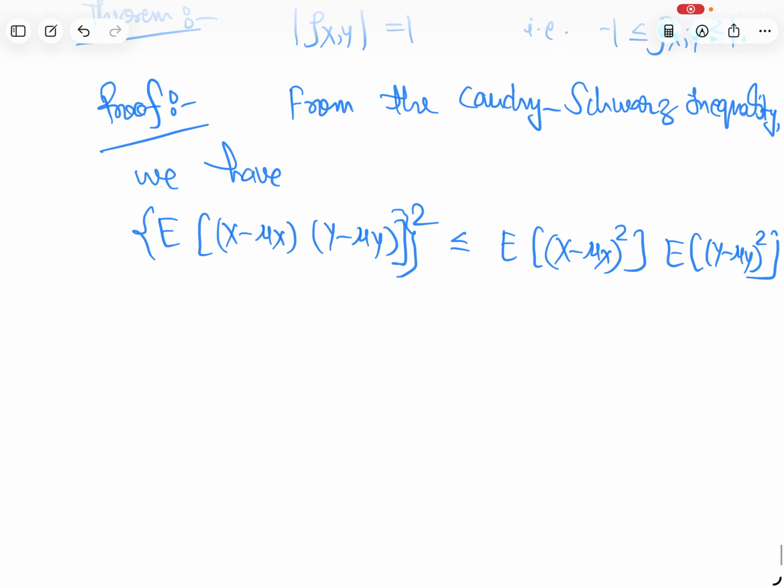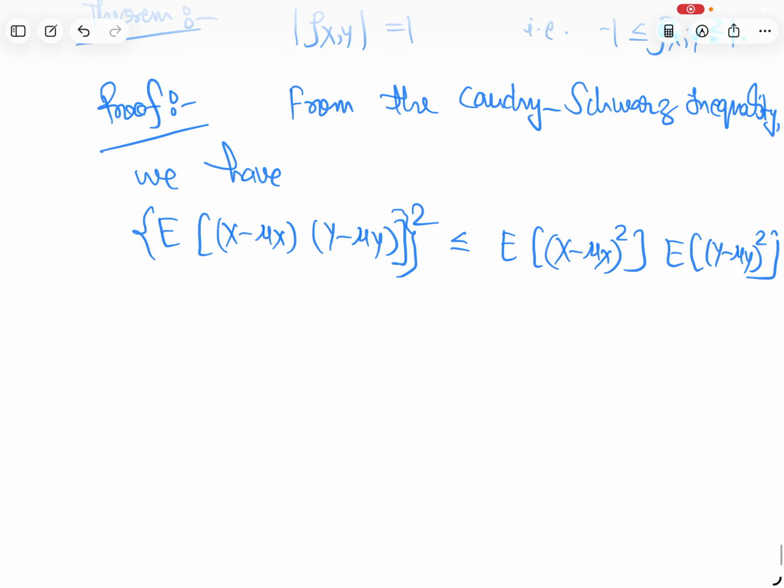Okay. So what is this? Sigma xy upon sigma x sigma y whole square less than 1. So what is this? Inside thing is what? Rho xy square less than or equal to 1.